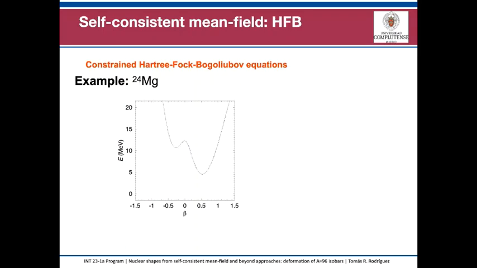And then I'm going to compute the minimum energy for a given value of the quadrupole moment. This is the curve here. This curve is the minimization of the Hartree-Fock-Bogoliubov energy imposing a given quadrupole deformation in the system. And this given deformation is taken from experiment?